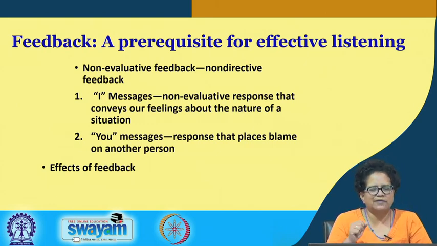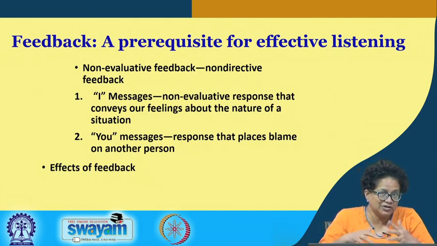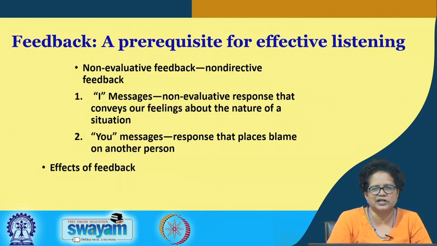The first is the I message. As you understand, it is about the feelings, about the nature of a situation; it is a non-evaluative response that conveys our feelings. So, it is in your words, your feelings about the nature or the dimensions of the situation.